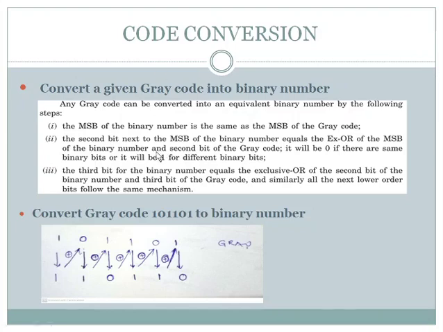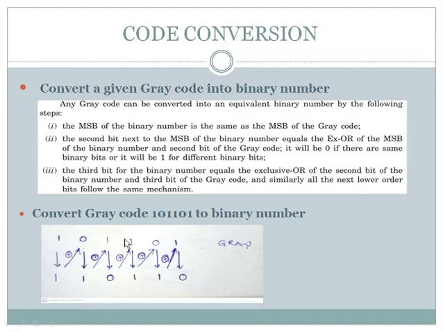So here this procedure list shows the steps that should be followed to convert a Gray code into equivalent binary. Here also we'll start from the MSB.